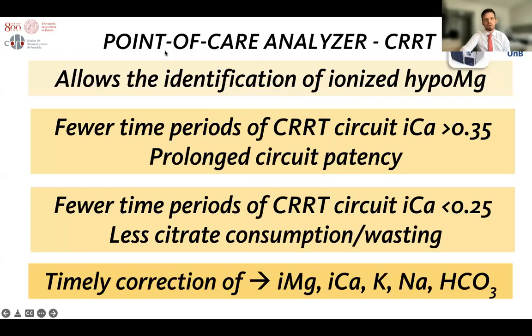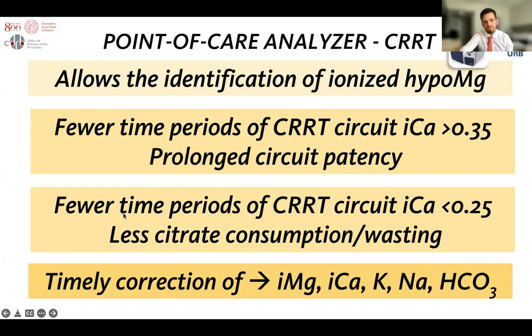The point-of-care analyzer allows the identification of ionized hypomagnesemia, because this data is not usually available. Also, with the point of care, there are fewer time periods of CRT circuit ionized calcium above 0.35, so we will presumably have a prolonged circuit patency.